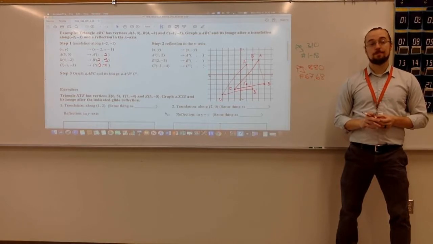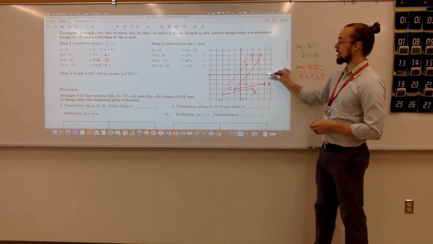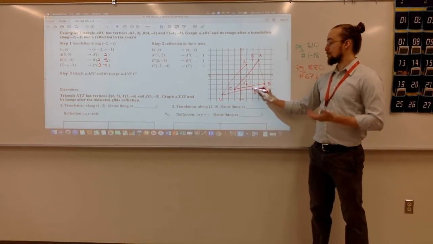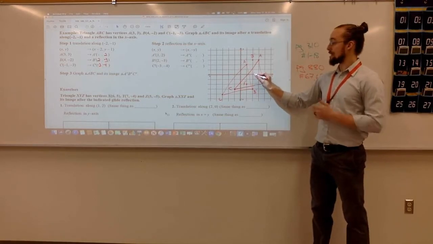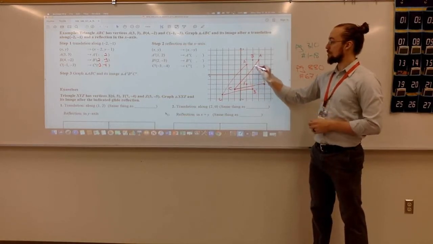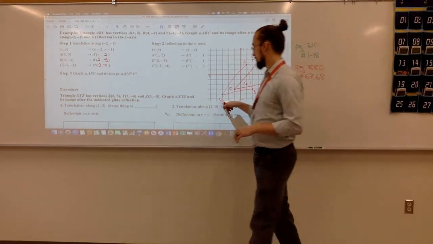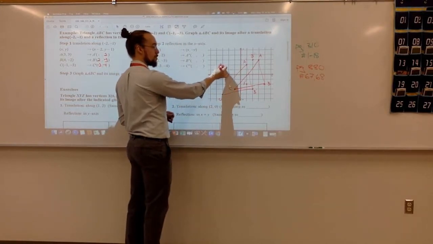We do the same for C, a distance of 1, 2, 3, 4, and then 1, 2, 3, 4.